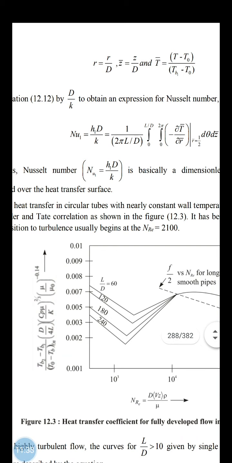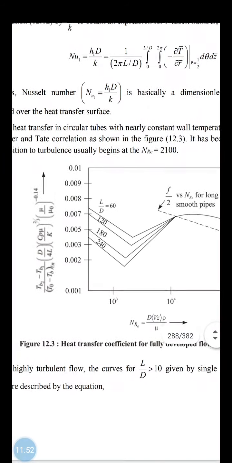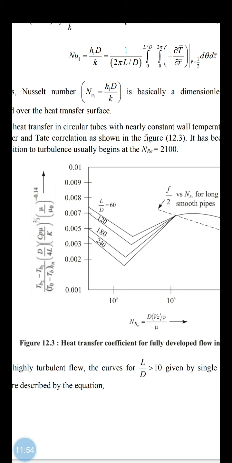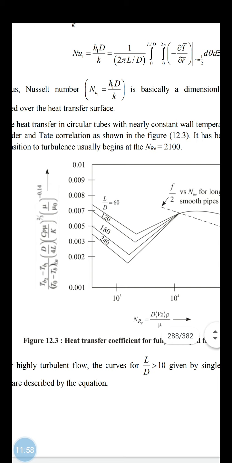This is nothing but the heat transfer in a circular tube with a constant wall temperature, which can be obtained by the Sieder-Tate equation, and this Sieder-Tate equation can be shown empirically by this graph. So what is the y-axis? The y-axis is a bigger term: T B2 minus T B1 upon T naught minus T B, ln, d by 4L, times Cp mu by k raised to 2 by 3, and mu by mu naught raised to minus 0.40.